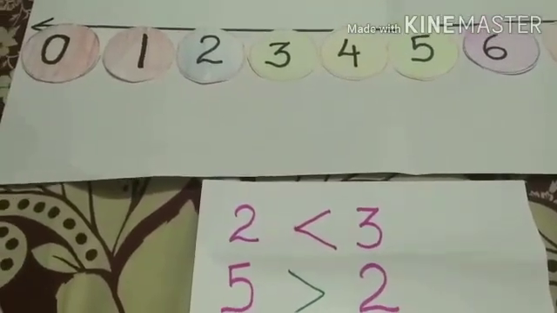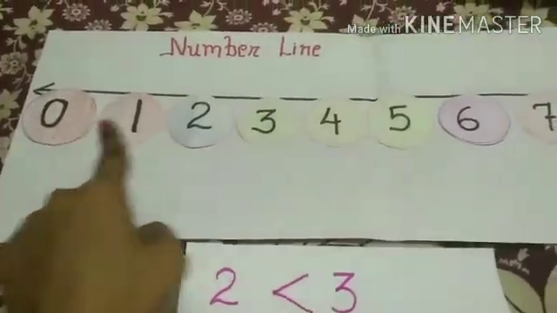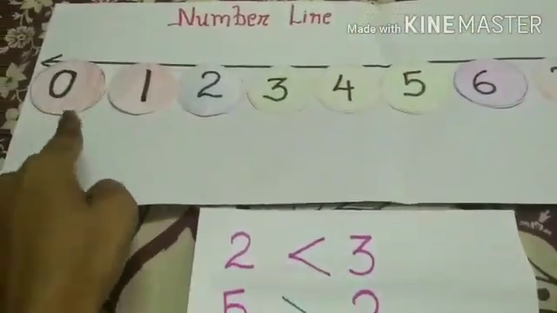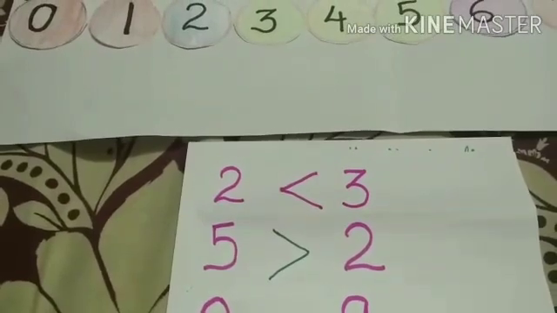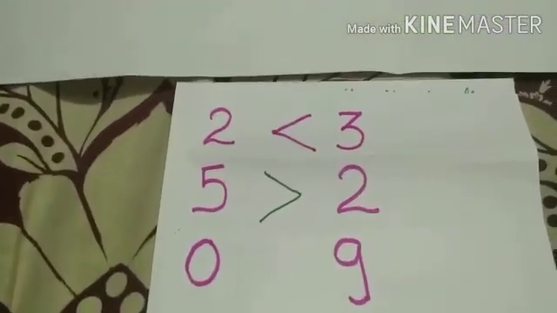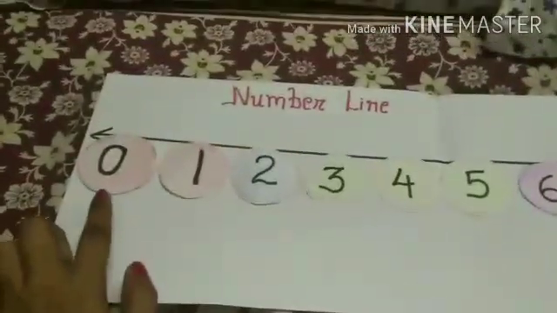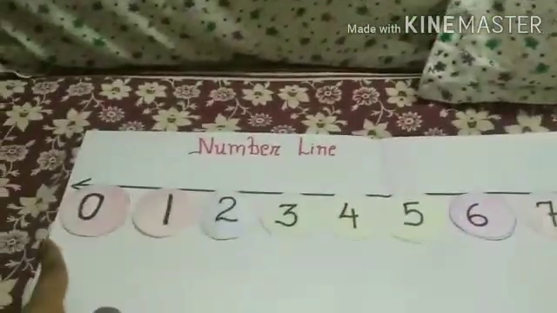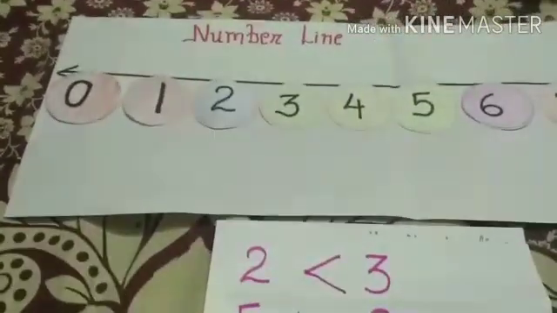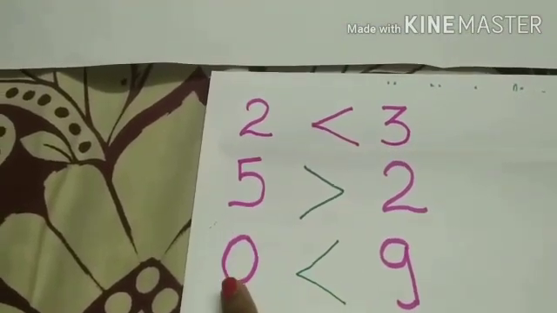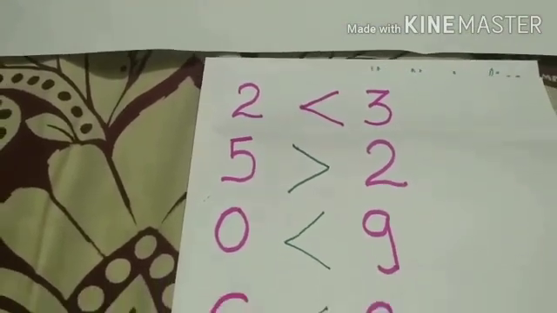Now 5 and 2. 5 is far away from 0 and 2 is near to 0. So we'll put the sign of greater than. Now 0 and 9. 0 itself and the number 9 is far away from 0. So we will put the less than sign over here. 0 is smaller than 9.